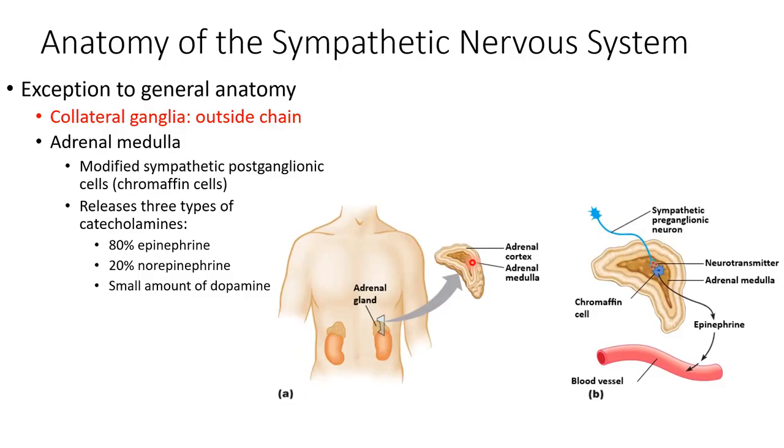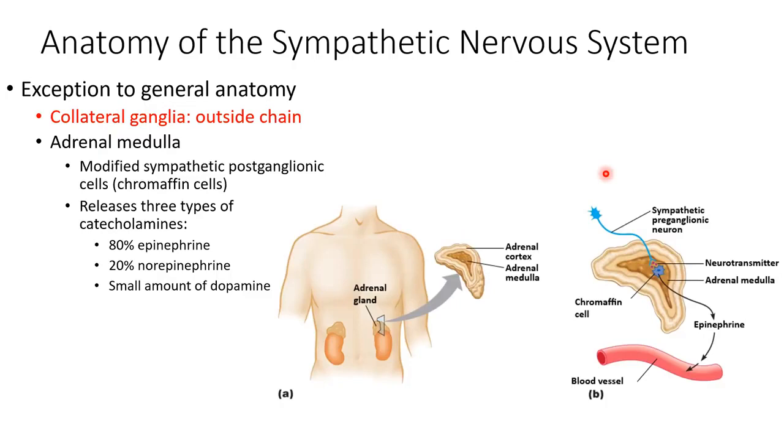They behave so much like neurons and ganglionic cells in that they are just a cell form of a neuron, if that makes sense, okay? So these are modified sympathetic postganglionic cells, really acting like postganglionic neurons, and they're found in the adrenal medulla. They're called chromaffin cells. And so this is the third route of communication for a preganglionic neuron to synapse.